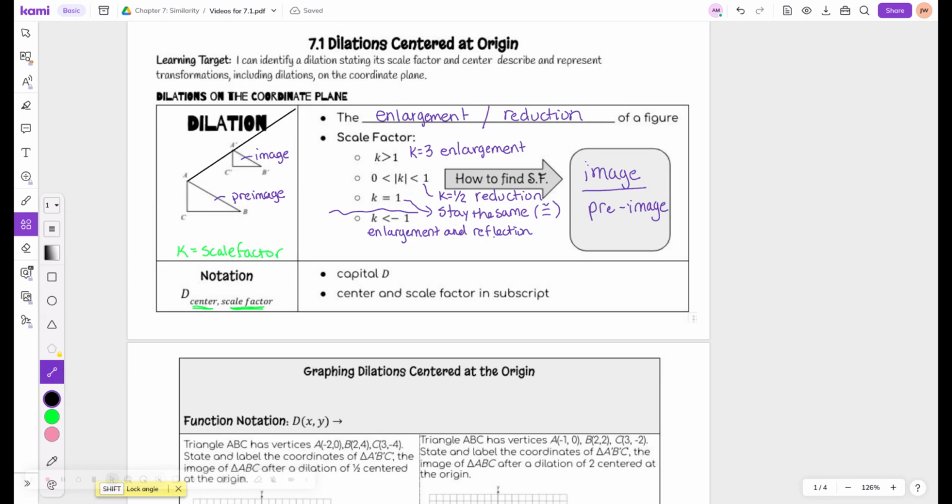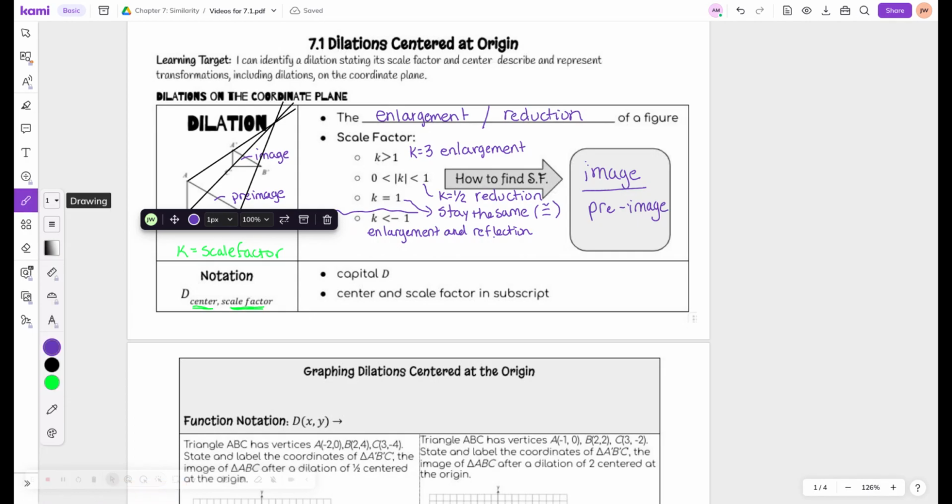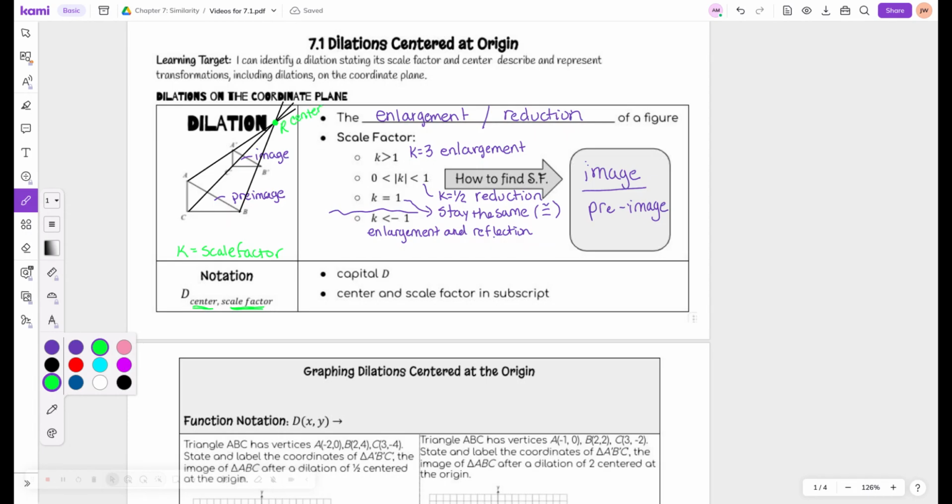If I took a straight edge and connected C to C prime, and did the same from B to B prime, the intersection of all of those lines or segments would be the center of dilation. I'm going to label this R, for fun, and say that this is my center of dilation.